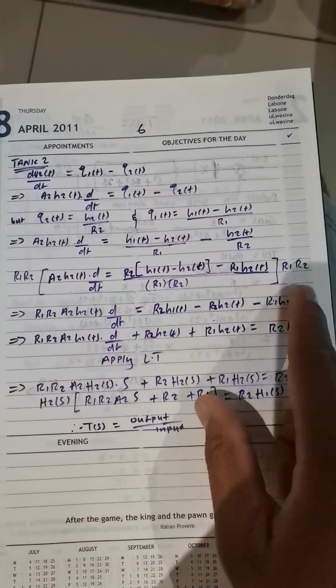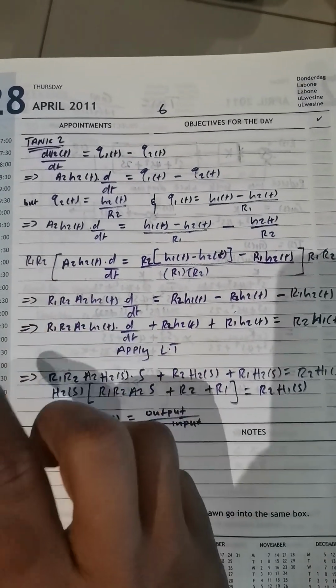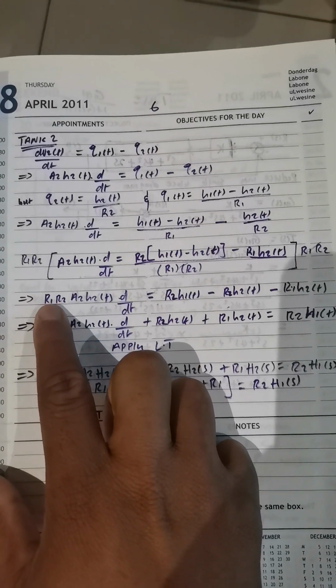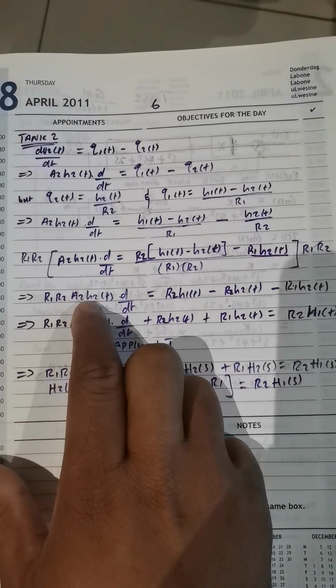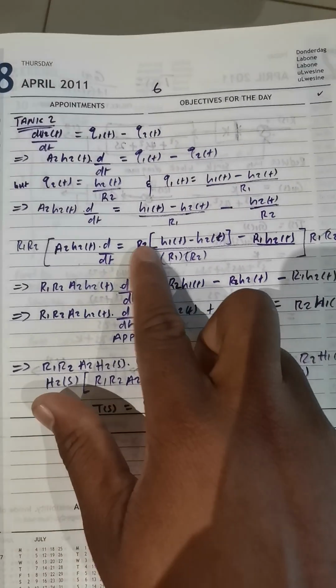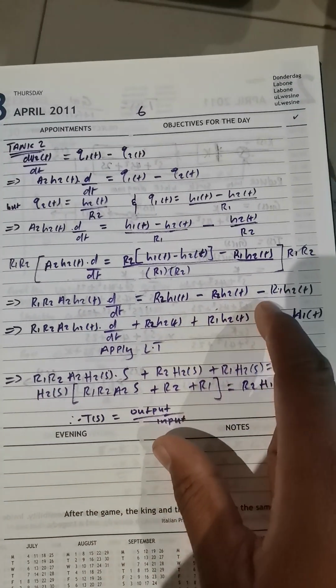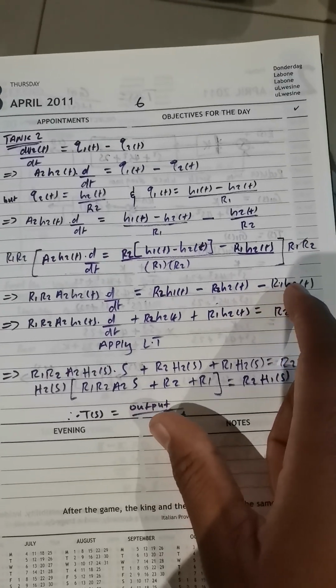To get rid of this, multiply by it on both sides. Okay, it's R1 R2 A2 H2 at t times d over dt equals R2 H1 minus R2 H2 at t minus R1 H2 at t.